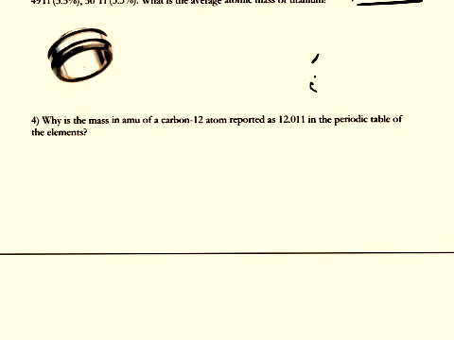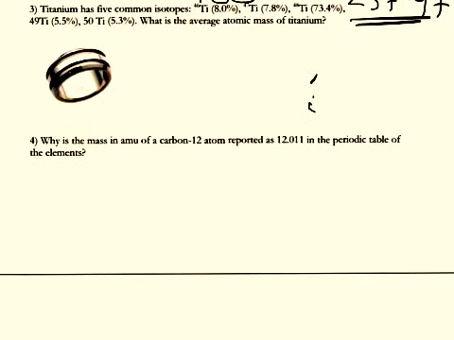Let's take a look at a third example. So this time, titanium has 5 common isotopes. It's got titanium 46 with a percentage of 8, titanium 47 with 7.8, titanium 48 with 73.4, titanium 49 with 5.5, titanium 50 with 5.3. So we take each one with its relative proportions. So titanium 46 times 8.0.